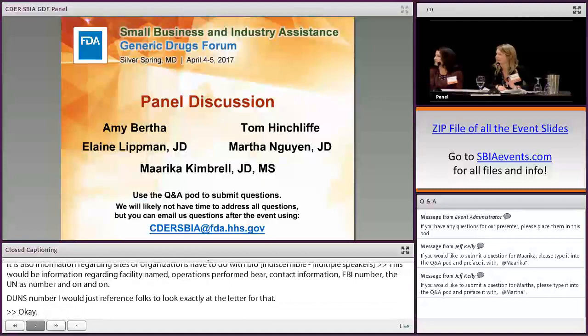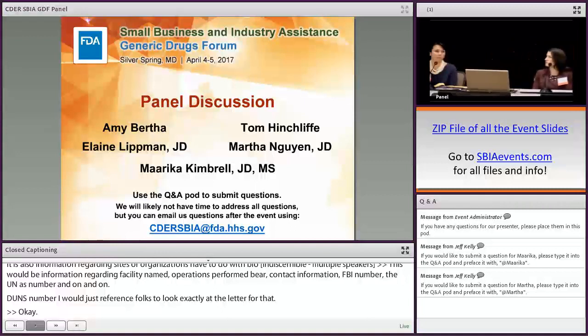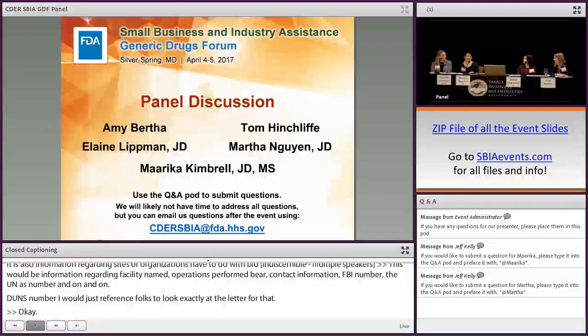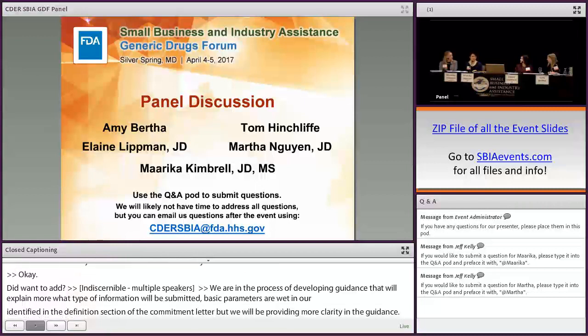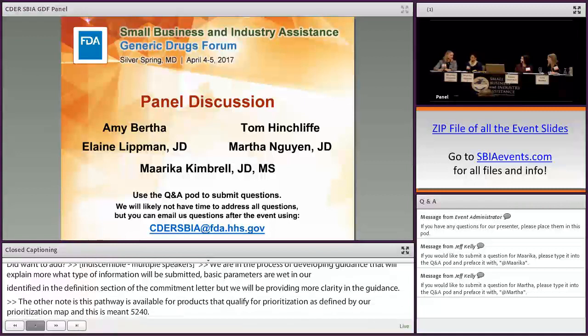Basically, it's regarding the facilities that have to do with manufacturing and testing. It's also information regarding sites or organizations that have to do with bioequivalence and clinical studies. So this would be information regarding the facility name, the operations performed there, contact information, the FEI number, DUNS number. It goes on and on. So I would just reference folks to look exactly at the letter for that.